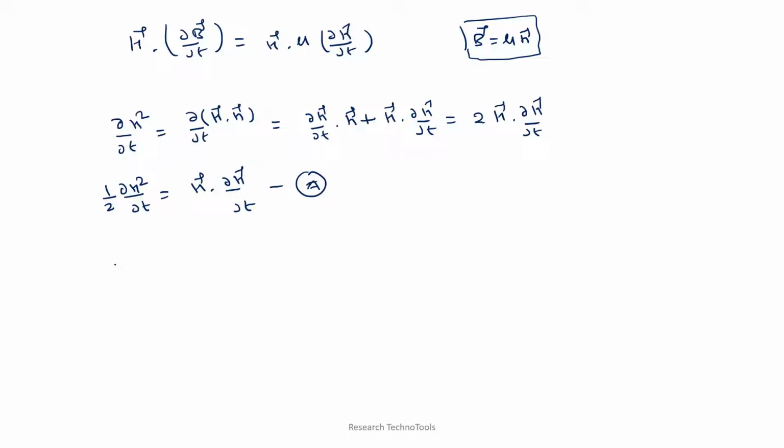Similarly, you can write here E vector dot del E vector by del t equals 1 by 2 partial derivative, then you can write here E vector dot E, or you can say 1 by 2 del by del t of E square.